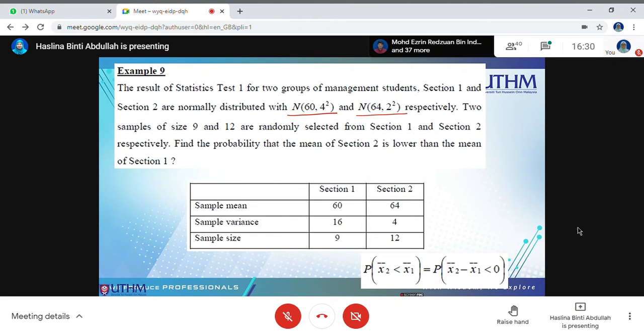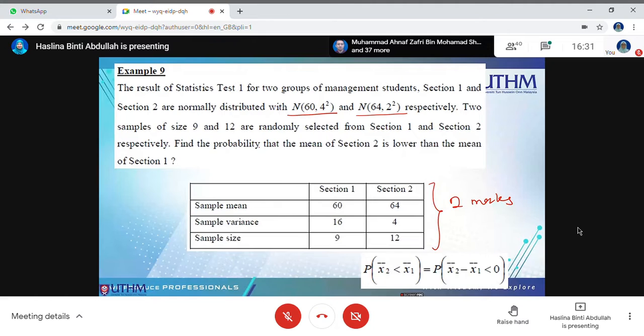Okay. First step, you need to list all the information given. The marks for the information that you have listed is equal to 2 marks. Make sure you list the information. Okay, we have 2 samples.